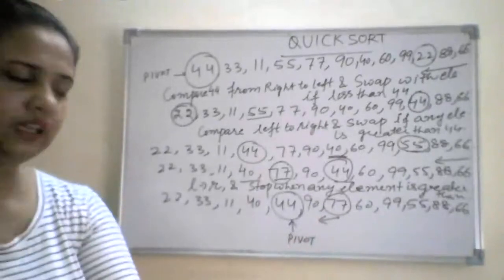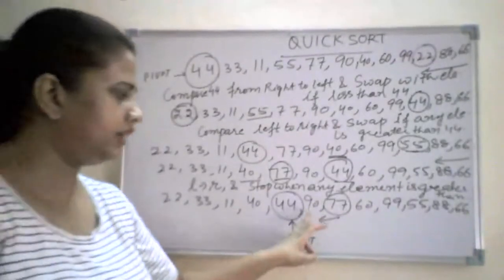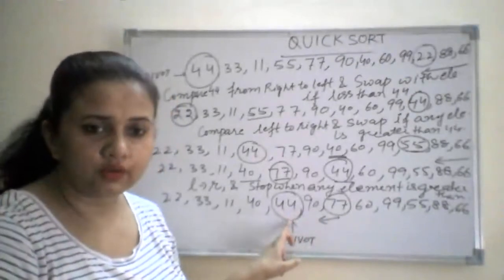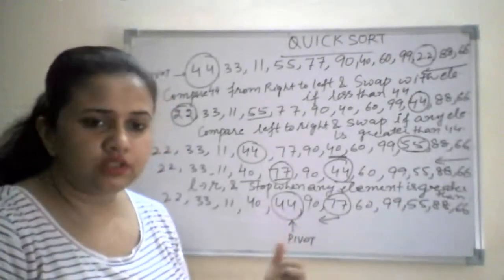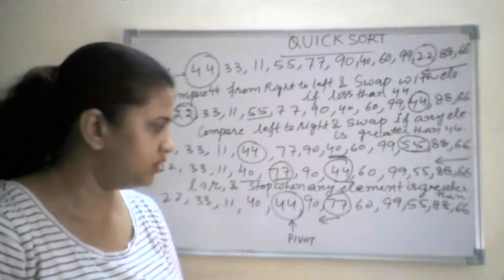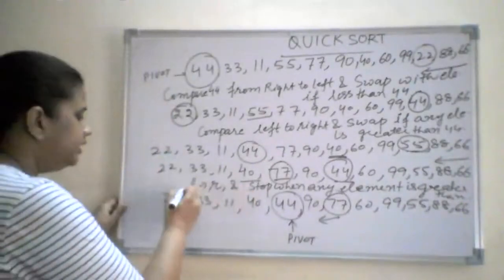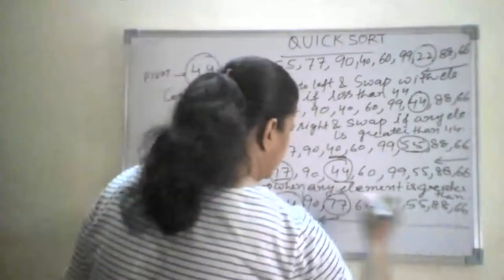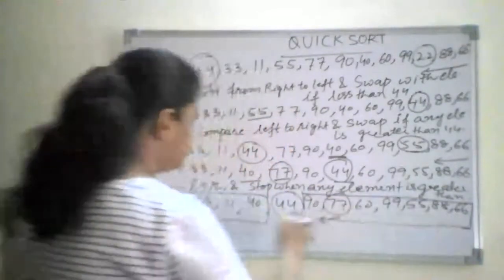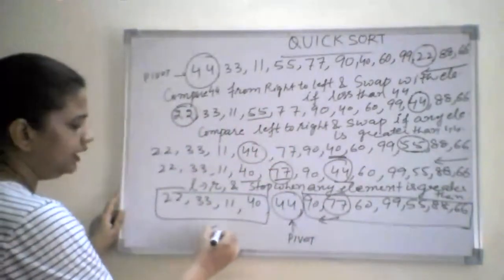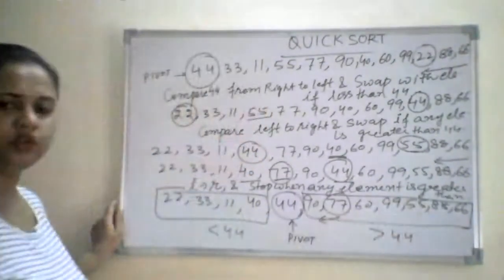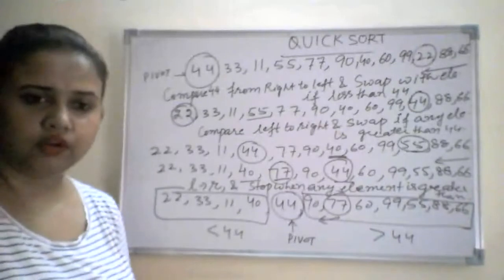When we scan it, we'll get to know that this 90 is greater than 44, and so we will stop this comparison operation. After we are done with it, you will see that all the elements towards the left are less than 44, and all the elements which are greater than 44 are towards the right of 44.